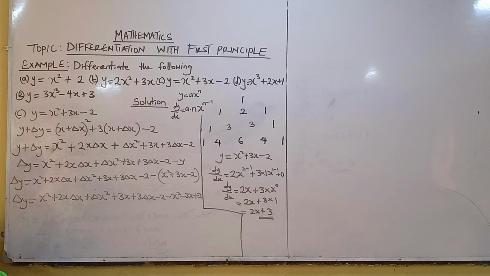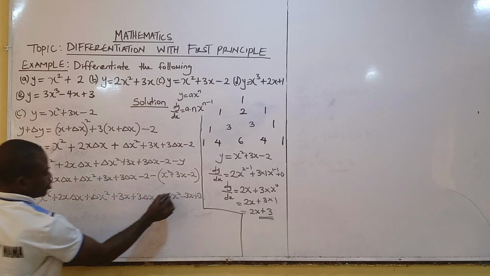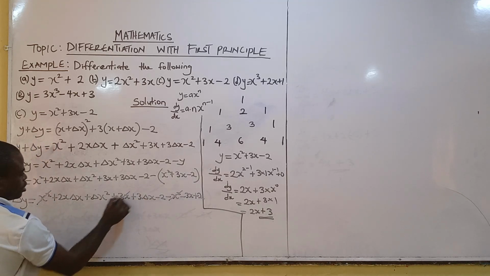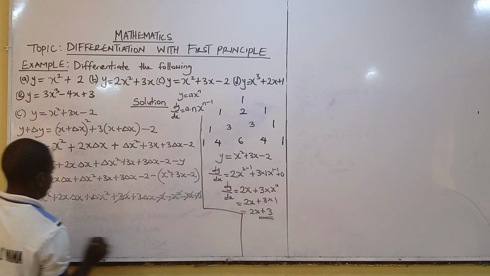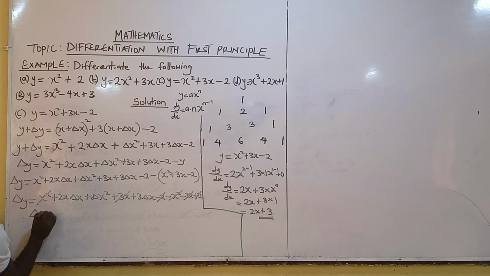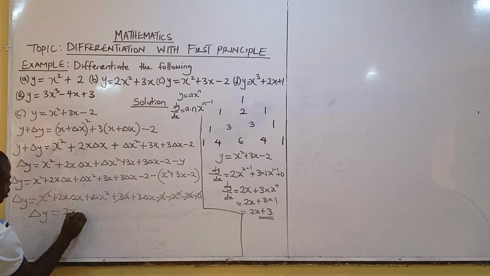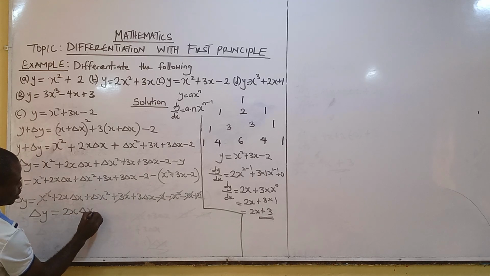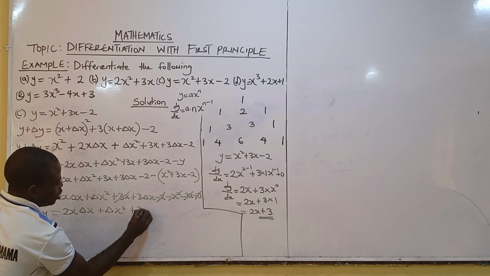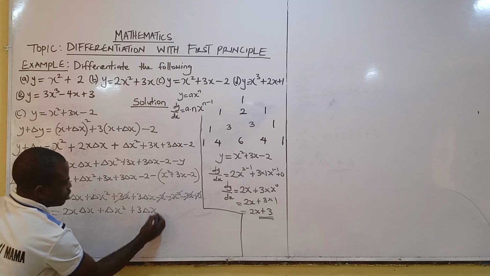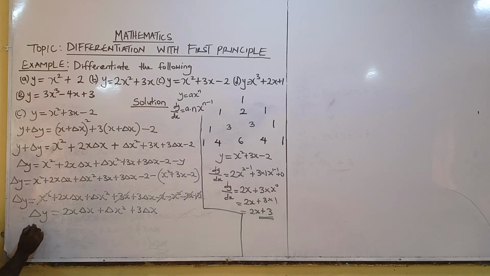Let's see what we cancel out. The x squared cancels x squared, plus 3x cancels minus 3x, minus 2 cancels plus 2. We are left with dy equals 2x dx plus dx squared plus 3 dx. Let's factorize.